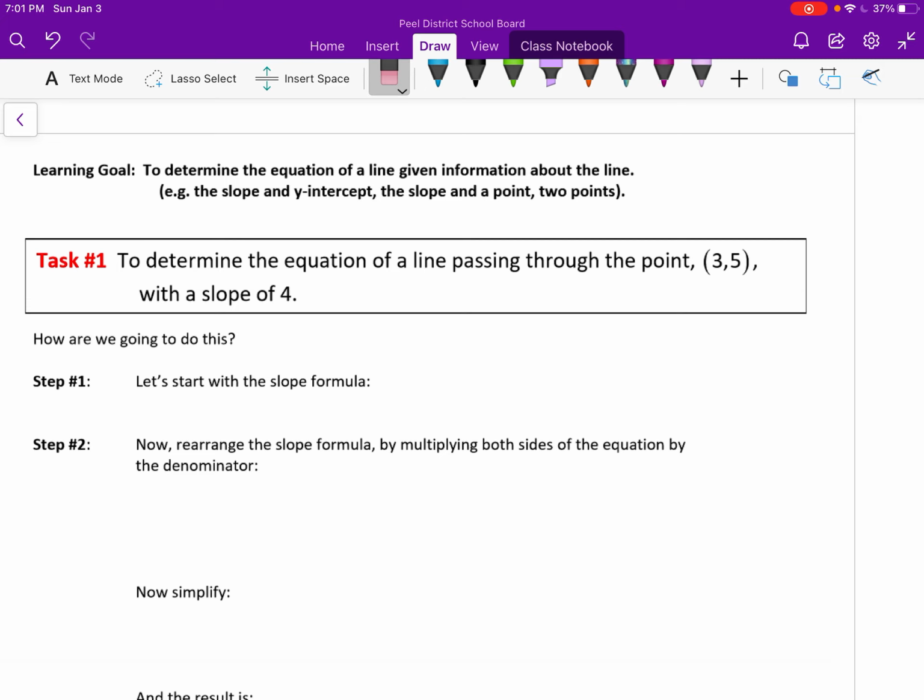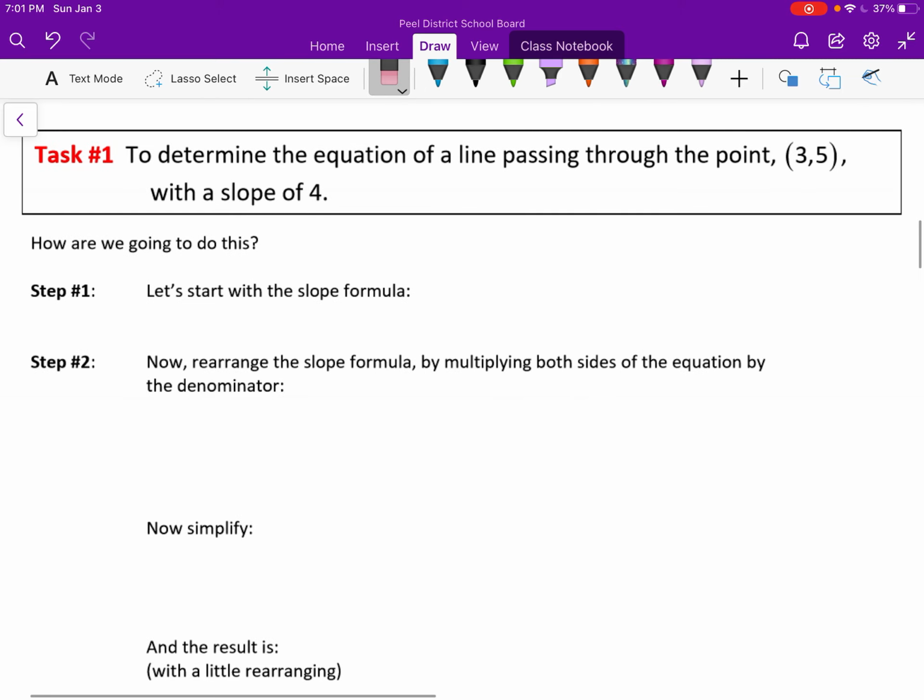How can you do it if you have a slope and a point is what we're going to be doing right now. So task 1, to determine the equation of the line passing through point (3, y) with the slope of 4. Let's just start off with what the slope formula is. So the slope formula is going to be very simply m equals, and this is review from before the break, y2 minus y1, because it's rise, over x2 minus x1, right?